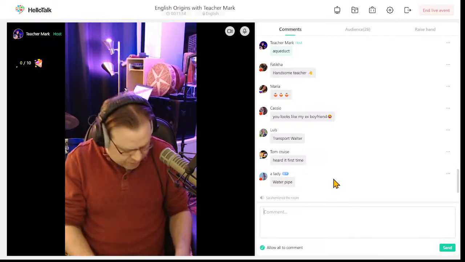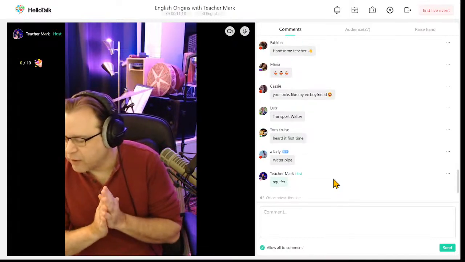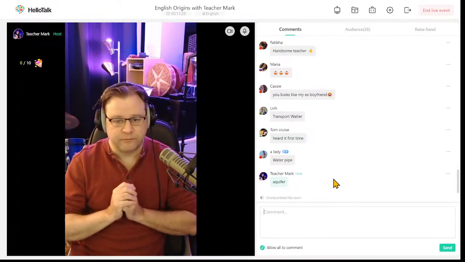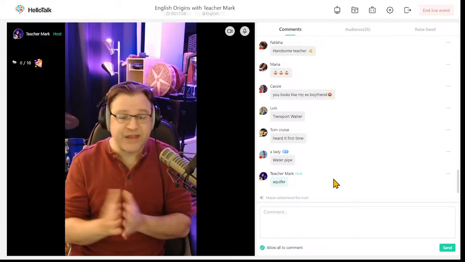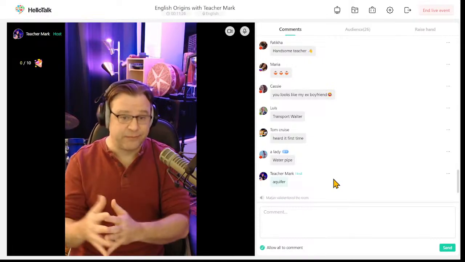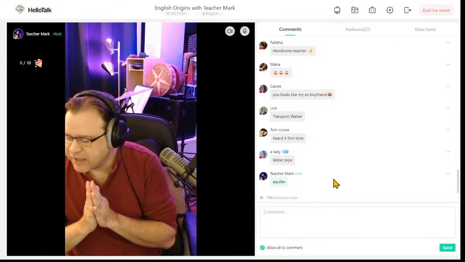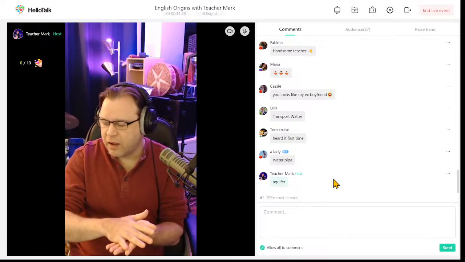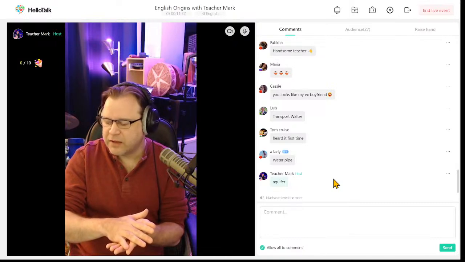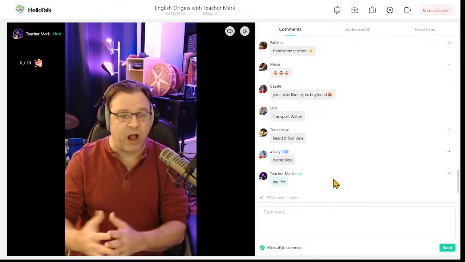Okay, how about the next one? Let's see, aquifer. What is an aquifer? Now, some of these words are common and some are uncommon. Doesn't matter. The point is they're all related. An aquifer is an underground layer of water. It's water that's trapped underground in the soil and rock.